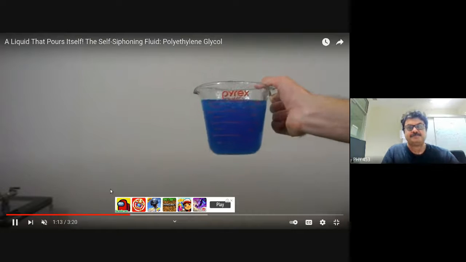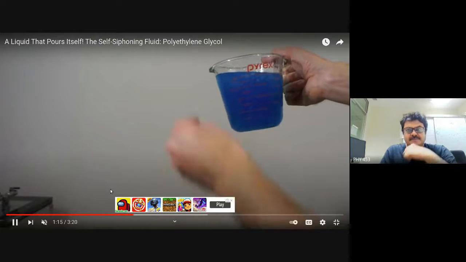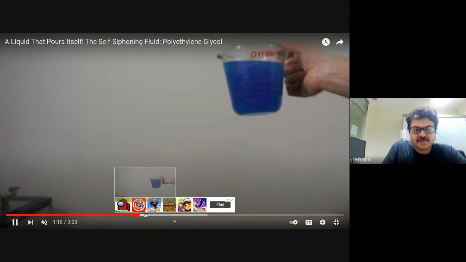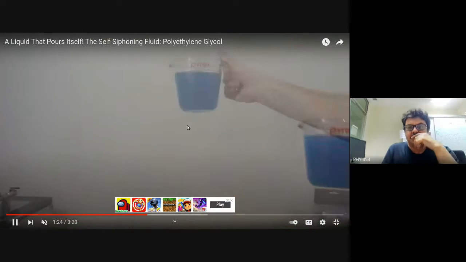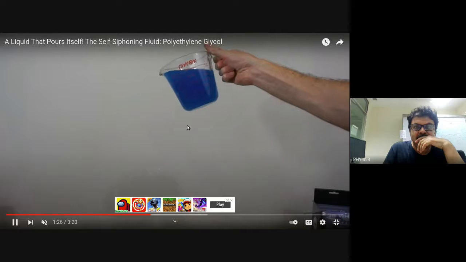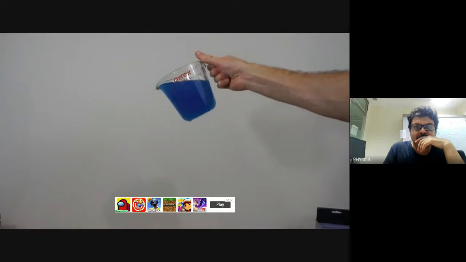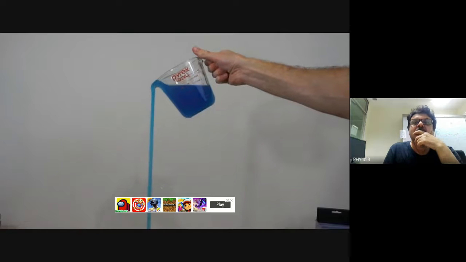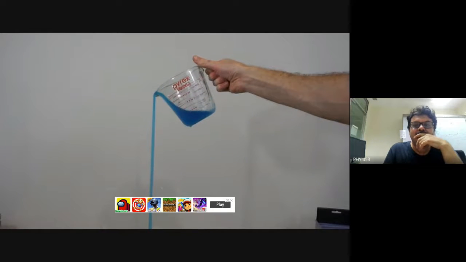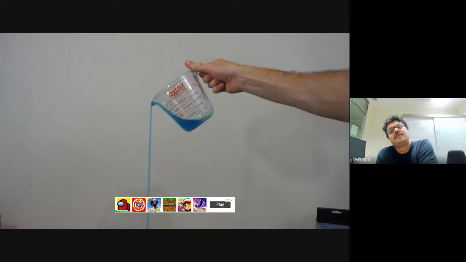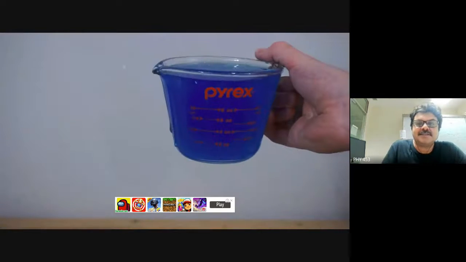I'll fast forward it a bit. So this is a viscoelastic fluid. There is elasticity involved as well.